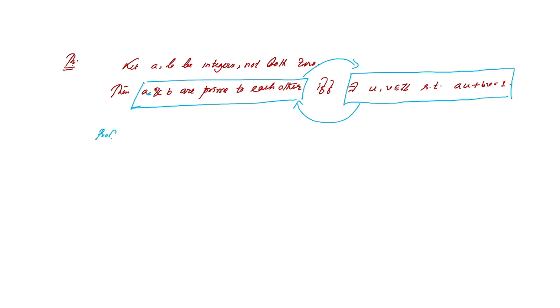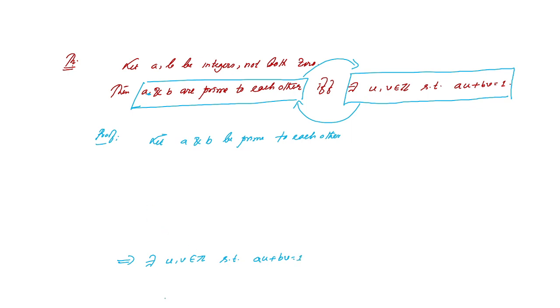So how to prove? Let A and B be prime to each other, and from that case we can prove that there exist u and v belonging to Z such that AU plus BV equals 1.